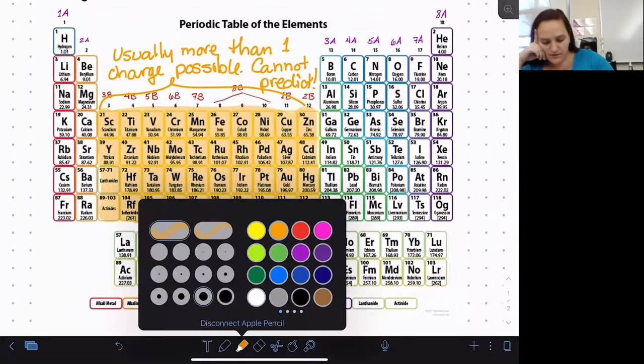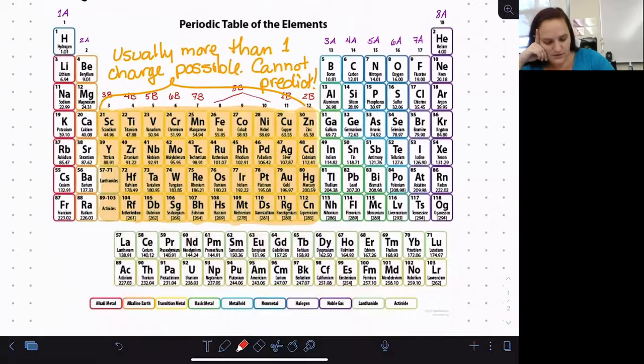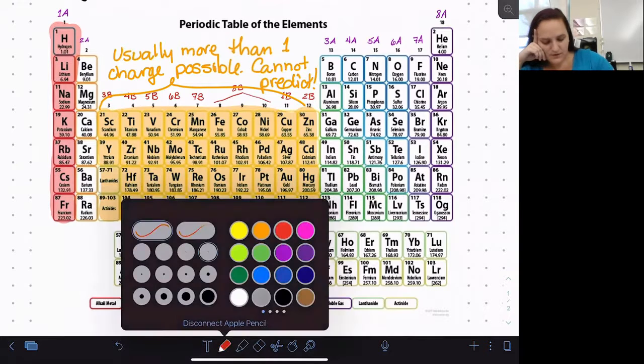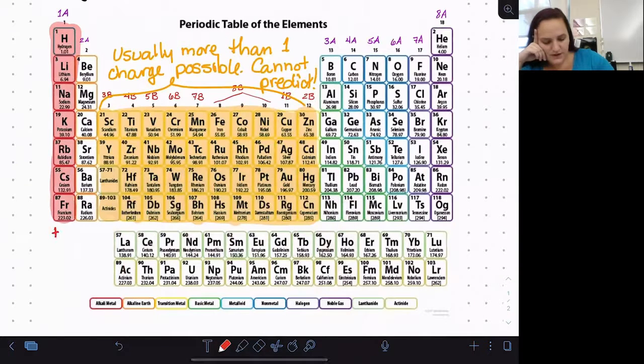Starting from the left, our first column, the alkali metals, and also hydrogen, generally tend to form ions with a +1 charge. That applies to the whole column. Occasionally hydrogen can be -1, but it's really, really uncommon.